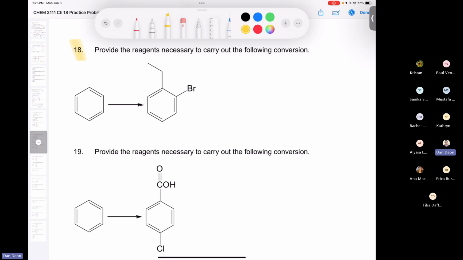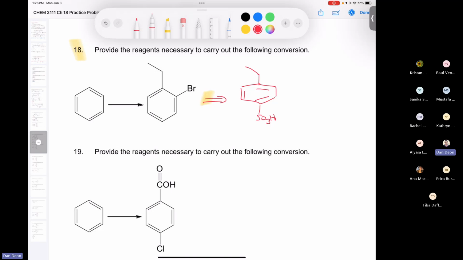Let's say I had my ethyl here, but then I had the blocking group here. If I treat that with bromine and iron tribromide, that's going to put the bromine in the correct position. So I need to put the ethyl group in first because it's ortho para directing, and the sulfonic acid is not. It's actually a meta director.